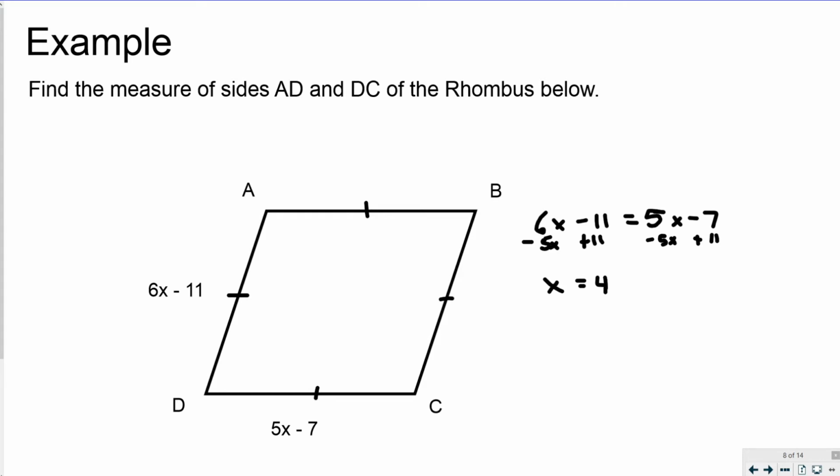When I substitute 4 in here and here, 5x minus 7 gives 20 minus 7, which is 13. And 6x minus 11, 24 minus 11, is also 13. So AD is equal to DC, and they're equal to 13.